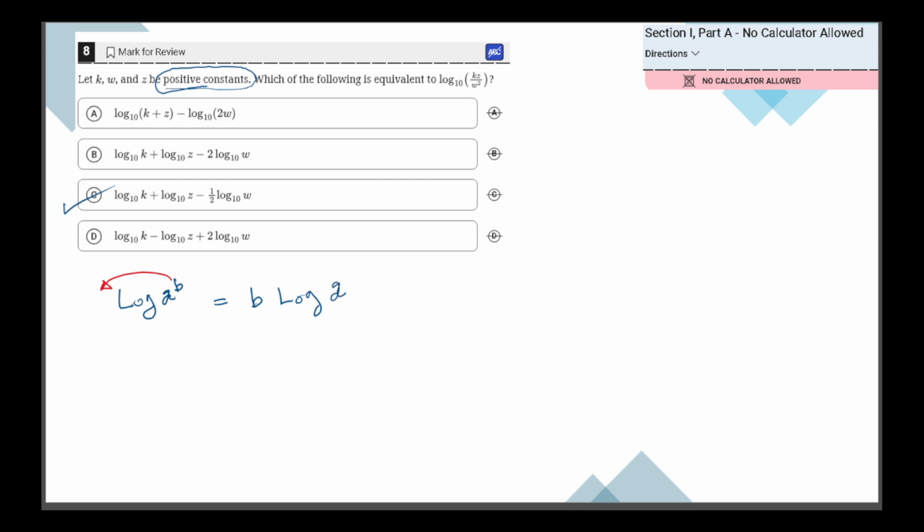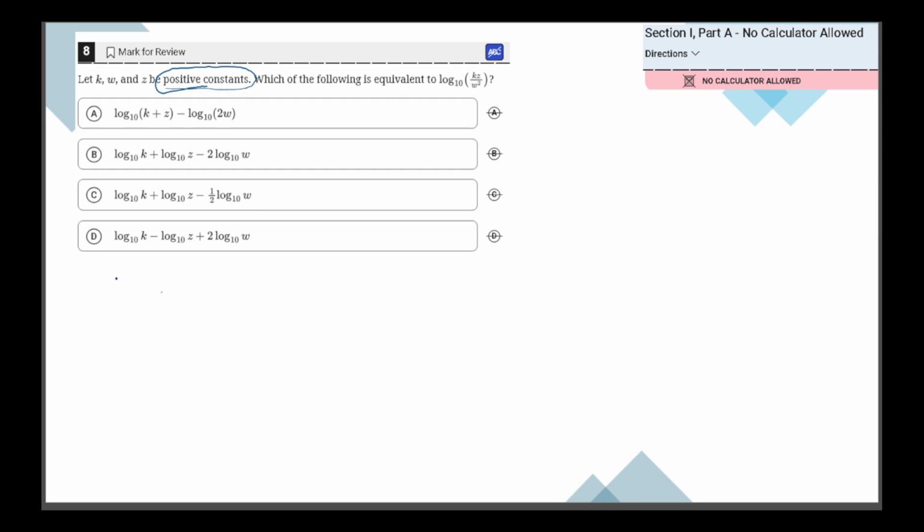This is the first thing we can use. The second thing, we know that the rule log of a multiplied by b equals log a plus log b. That will help us in solving this problem.